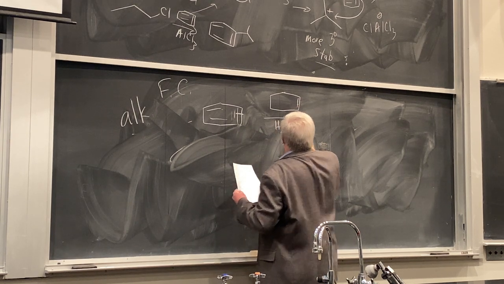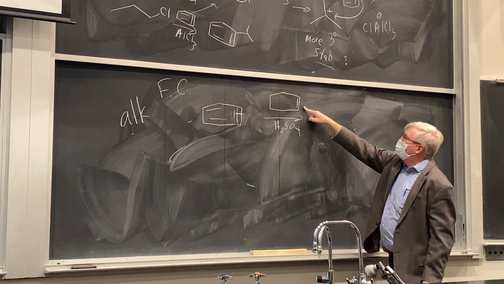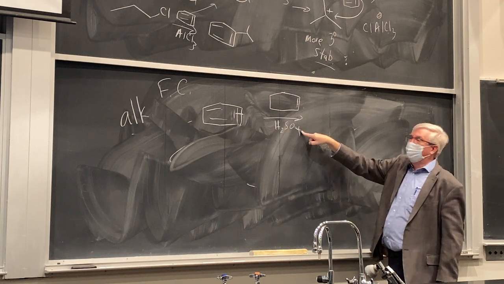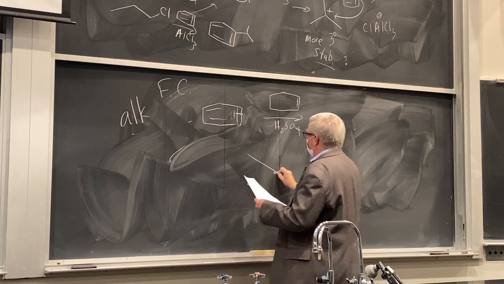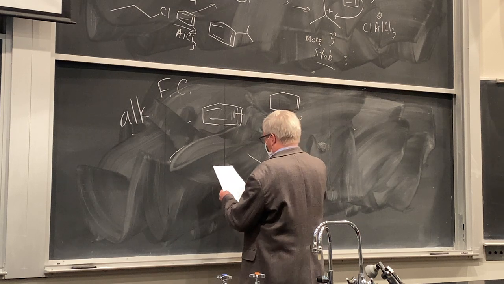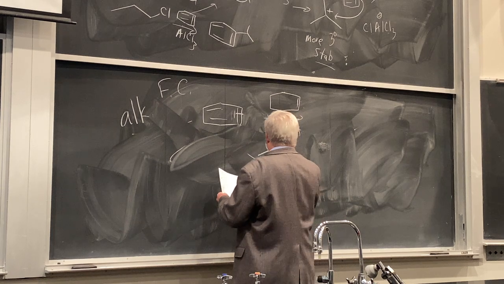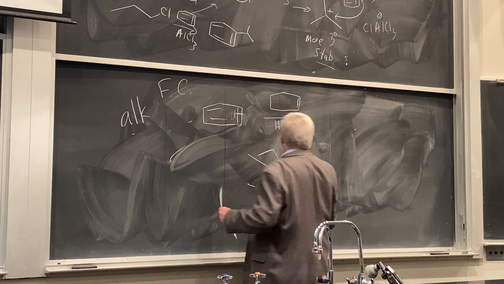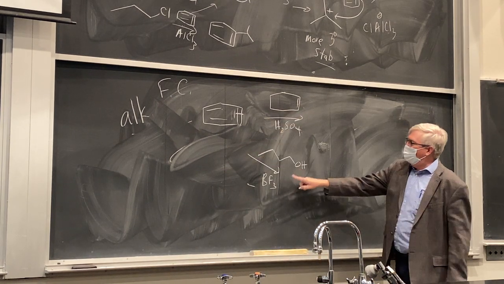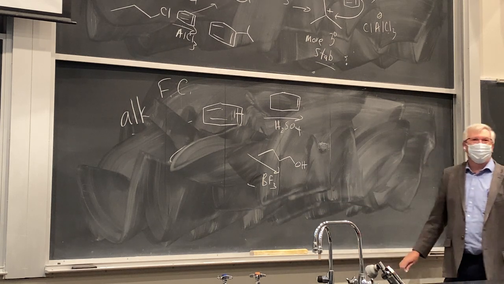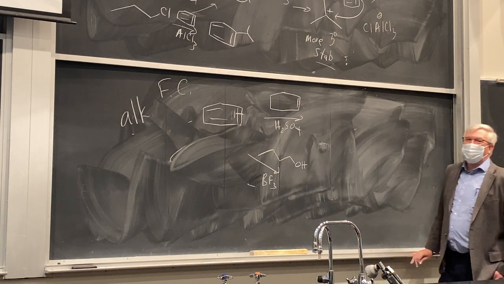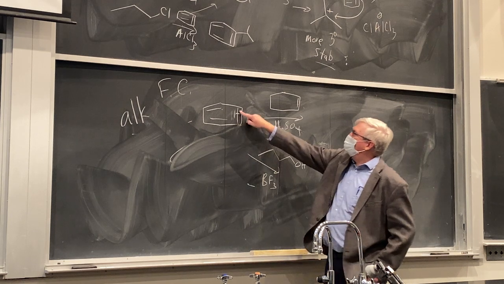We're going to do cyclohexene with sulfuric acid. And we're going to do, how about this one? And this kind of combines a couple things. An alcohol with a Lewis acid, BF3.